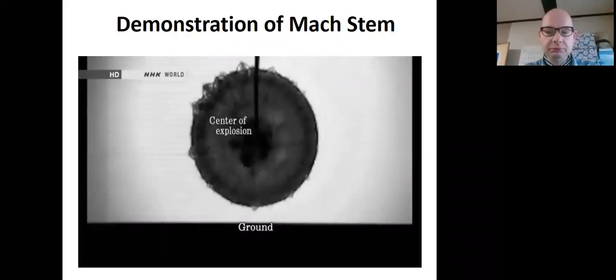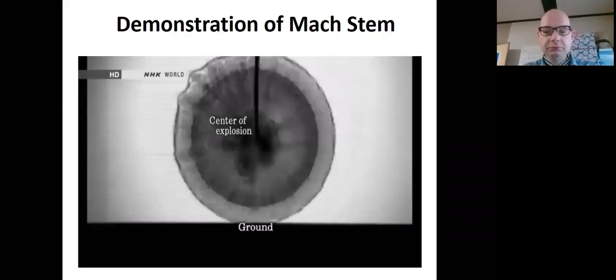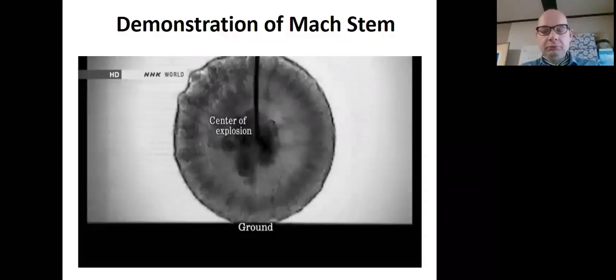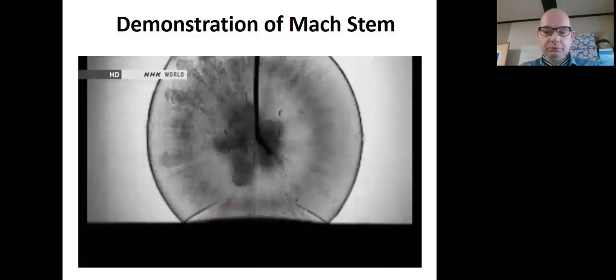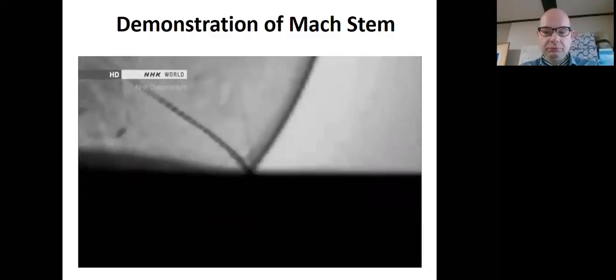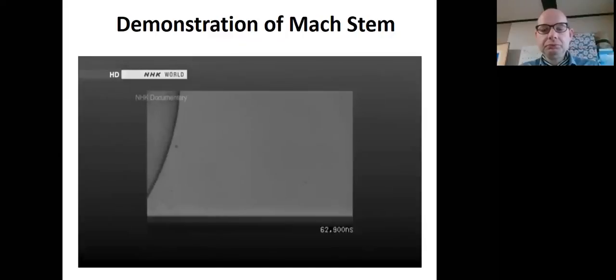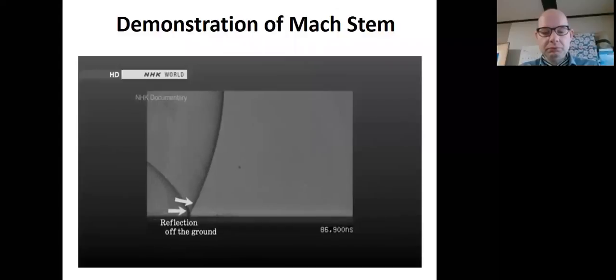The horizontal blast pressure intensified around 500 meters from ground zero. We filmed that movement using a special device that can detect invisible flows of air. Here's how the blast expands from the center of explosion. When the blast wave strikes the Earth, it is reflected upward to form a second, dome-shaped shock wave. Let's focus on the area where the two waves meet. One shock wave comes from above, as it expands from the core of the explosion. The other is reflected off the ground.